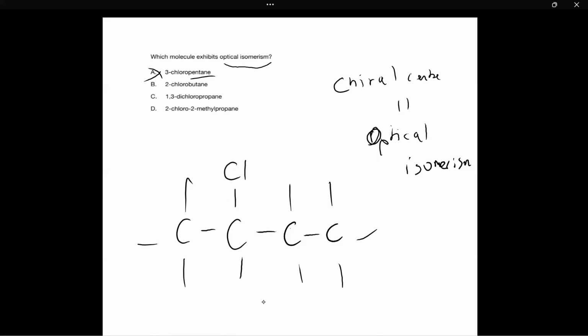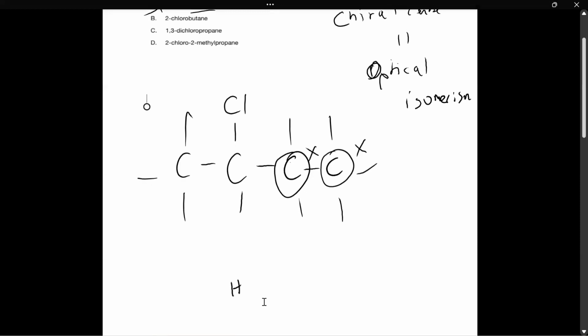Now, is this molecule chiral? Let's take a look. This carbon over here is definitely not going to be chiral because it has 3 hydrogens attached to it. Neither is this carbon. It has 2 hydrogens attached to it. What about this carbon? This carbon could actually be chiral. I'm going to condense it down a bit.